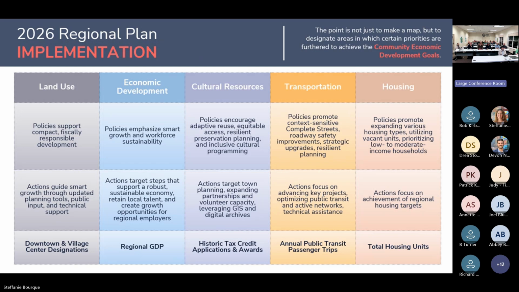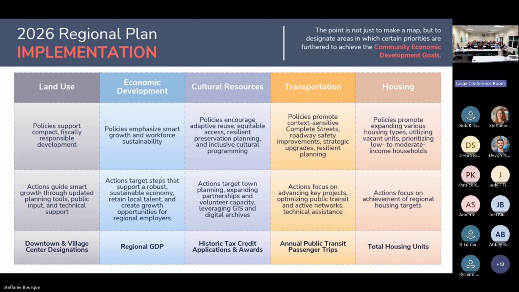For cultural resources, our policies encourage adaptive reuse, equitable access, and resilient preservation planning, as well as inclusive cultural programming. Our actions target town planning, expanding partnerships and volunteer capacity, and leveraging GIS and digital archives. And our annual indicator is the number of historic tax credit applications and awards.